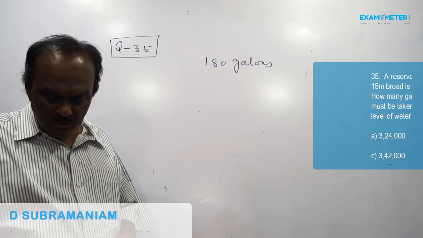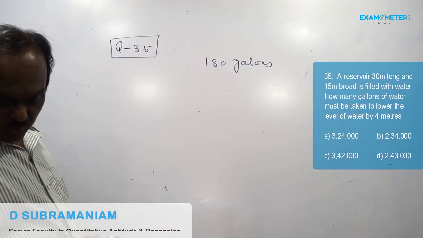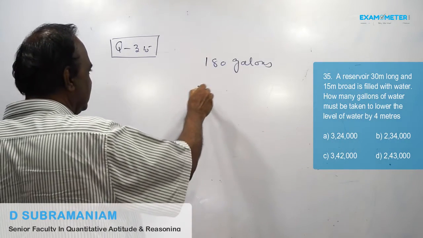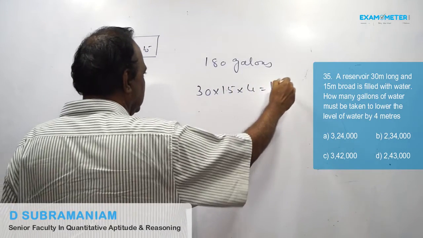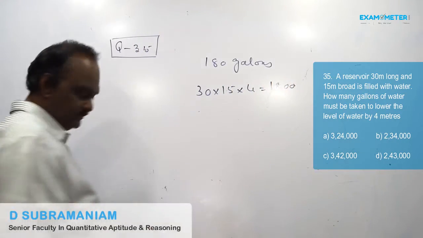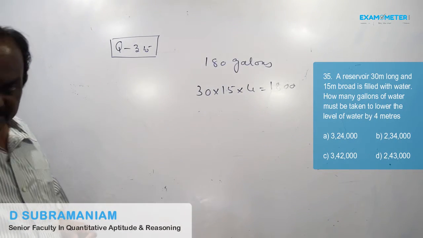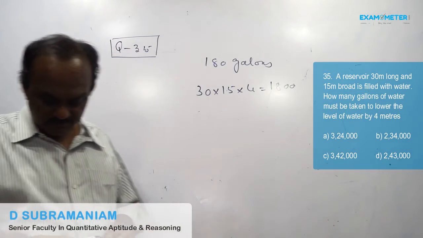Volume of water lowered is 30 into 15 into 4. That is 1800 cubic meters.